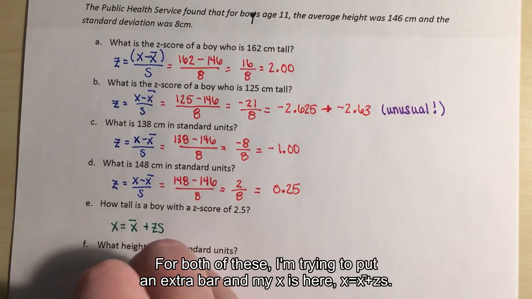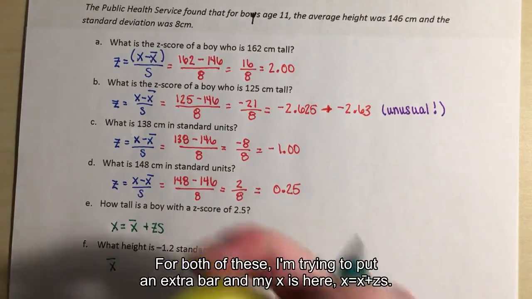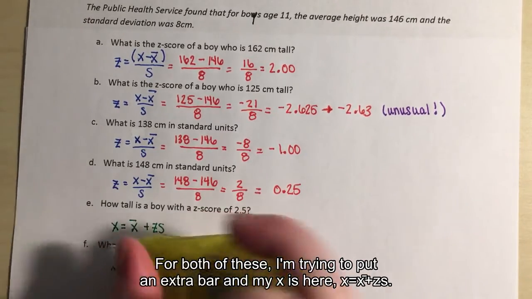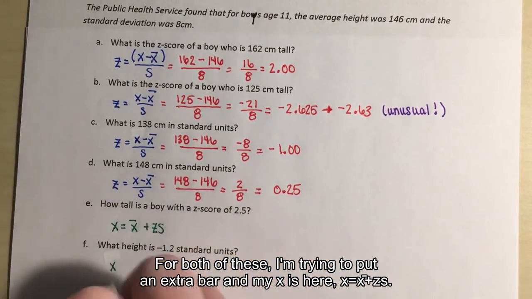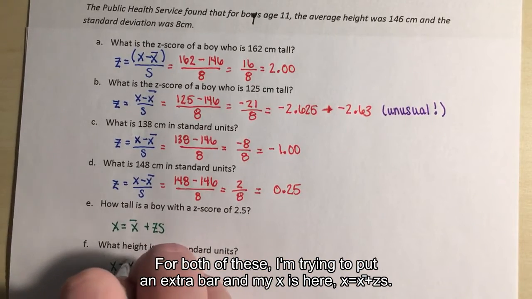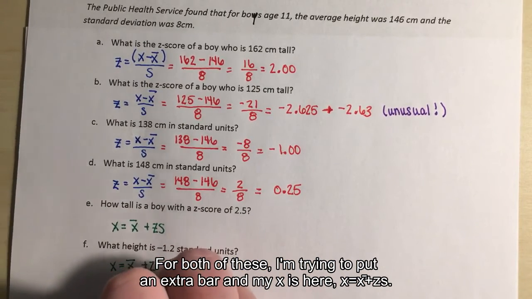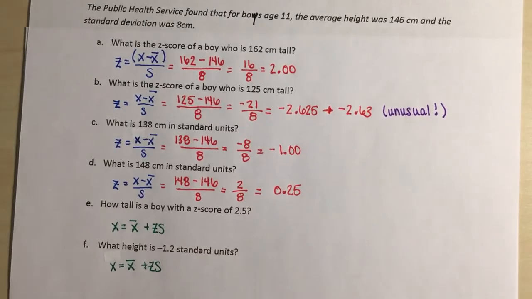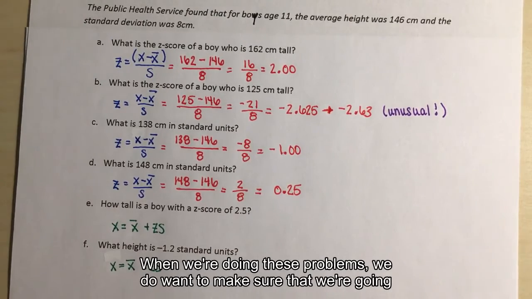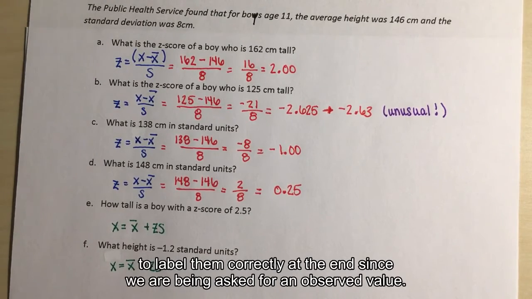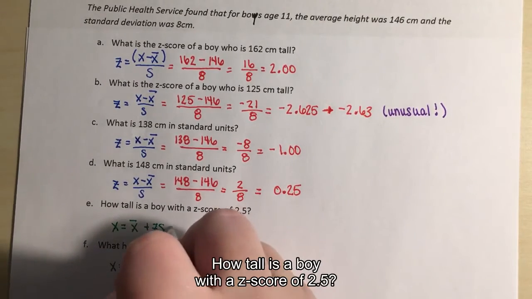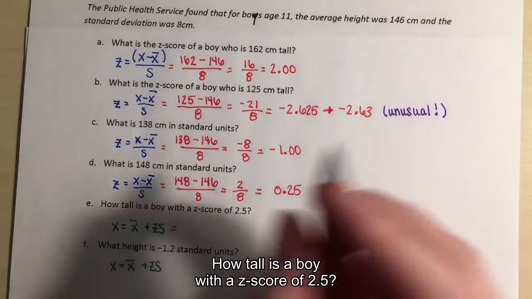Right? And for both of these, oops, I'm trying to put an extra bar on my x's here. x equals x bar plus zs. When we're doing these problems, we do want to make sure that we label them correctly at the end since we are being asked for an observed value. So, how tall is a boy with a z-score of 2.5?